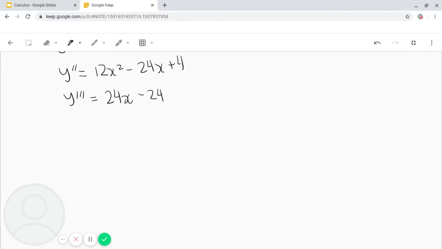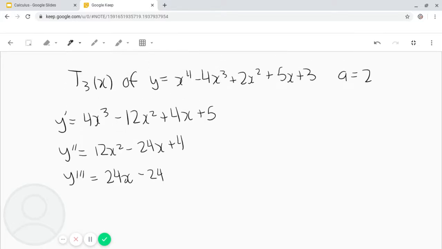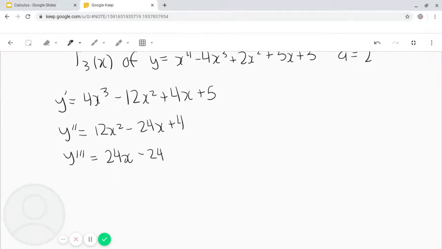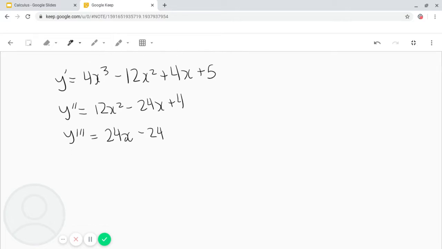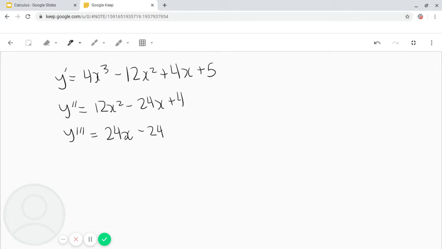So once we find those, we can then put it into our Taylor polynomial equation, our formula for it. I'll just mention it. So we have f at a. So y prime at 2 would be. Actually, what I'll do as well is I'll just put in the 2 for x here.